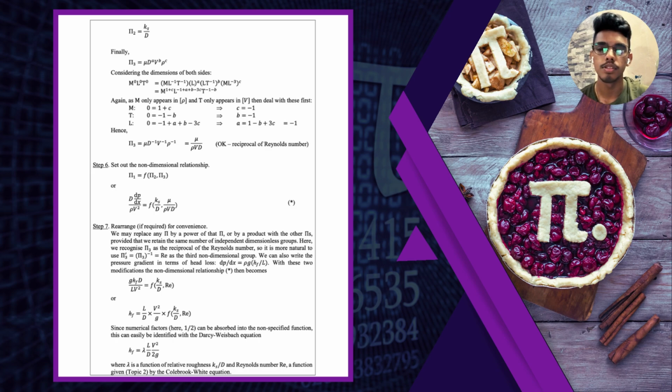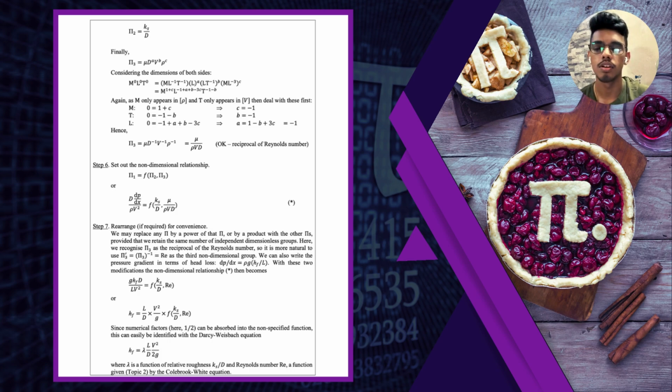After we substitute all the dimensions into this general equation, we will get an equation with the a, b, and c values. So we have to equate the powers to get the a, b, c values, where we'll get a equals -1, b equals -1, and c is also equal to -1.